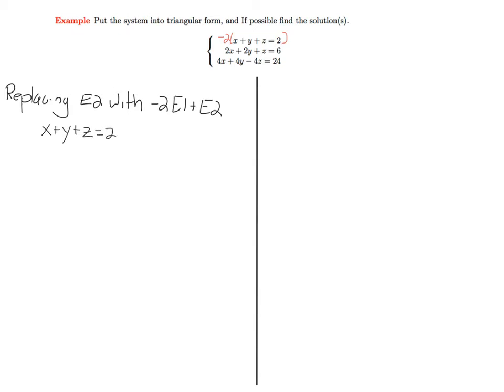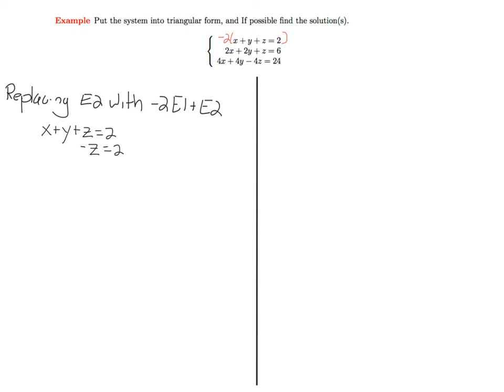Now when I do this operation, minus 2x and 2x cancel, minus 2y and 2y cancel, minus 2z plus z gives me minus z, and on the right side of the equation I have 2, because minus 4 plus 6 gives me 2.